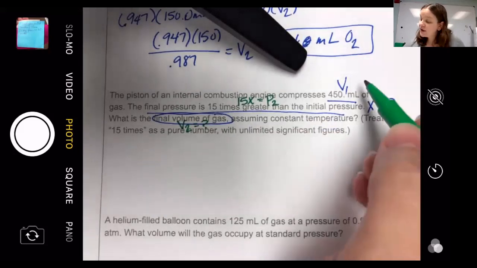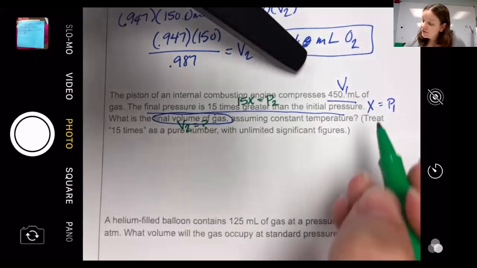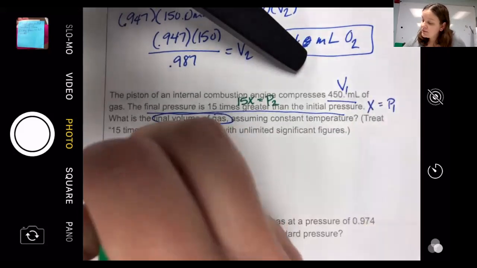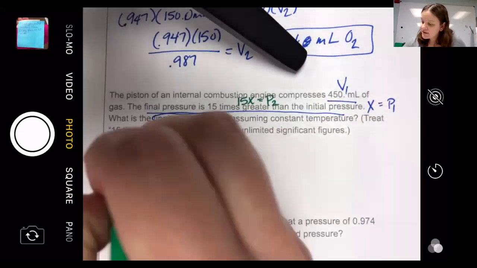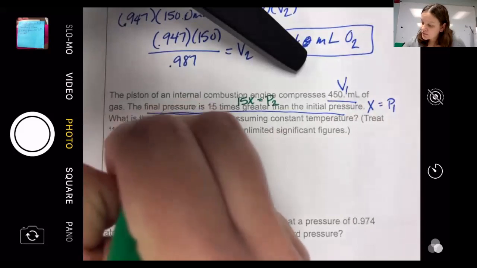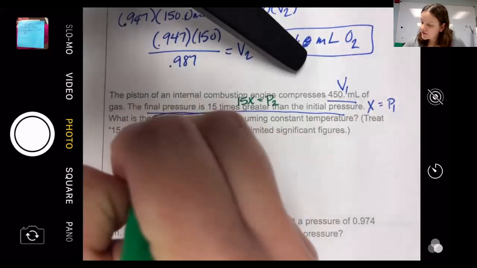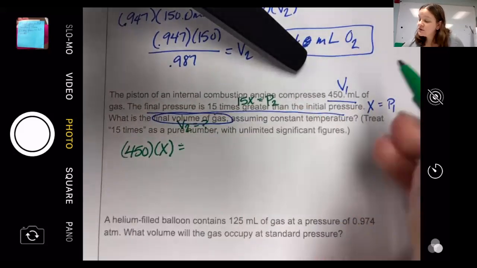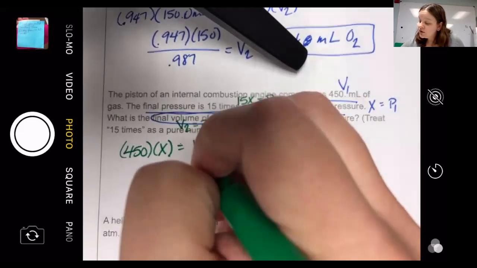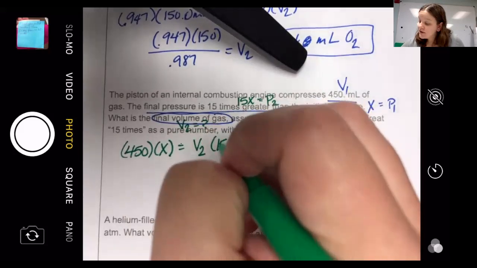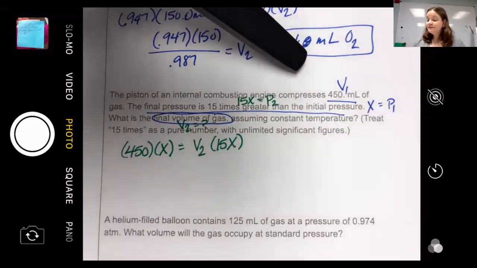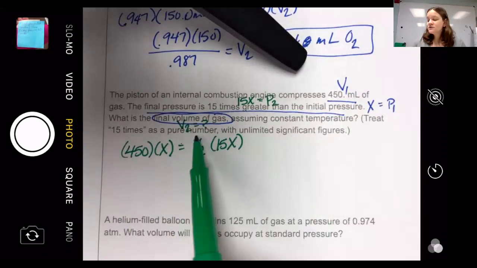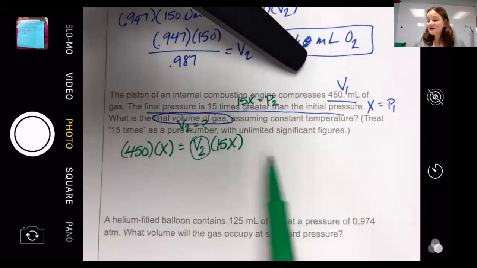So I should be able to say X times V1. I'm going to put 450X because that's what we do in math, right? 450 times X is going to be equal to my new volume times 15X. Okay, we don't have enough information, but we're actually fine. Because if we are solving for V2, not X, right?